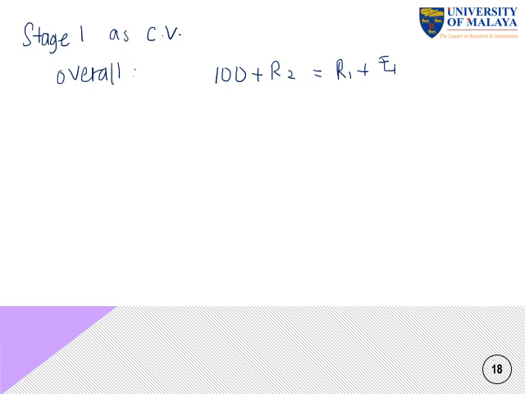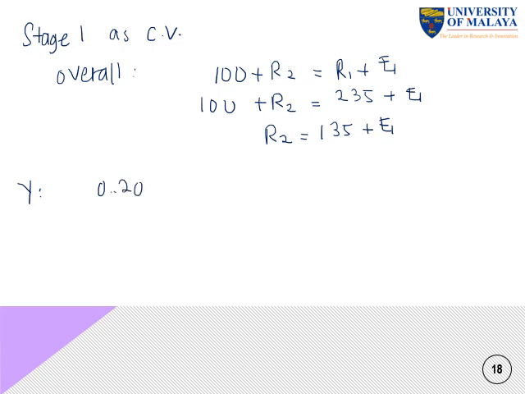So you can put the known values, 235 plus E1. So R2 is 135 plus E1. Okay, then you can do a balance on component Y, 0.20 times 100 plus 0.07 R2 equals to x1 R1 plus x4 E1.